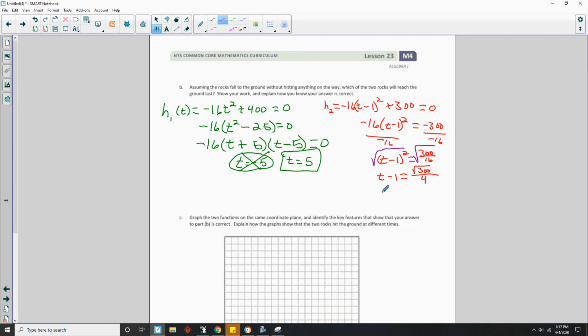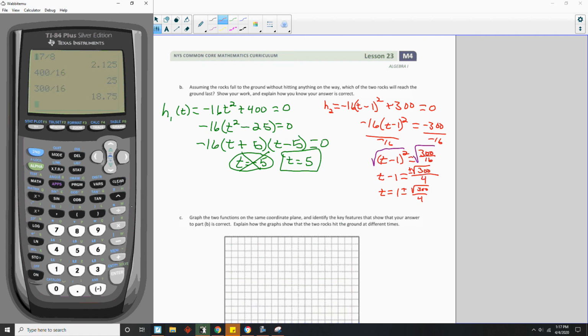So then I'm going to add 1 to the other side. So t is going to equal 1, and that's plus or minus, by the way, when you take a square root. So it's 1 plus or minus the square root of 300 divided by 4. Okay, so let's put that in our calculator. And it's going to be 1 plus the square root of 300 divided by 4.